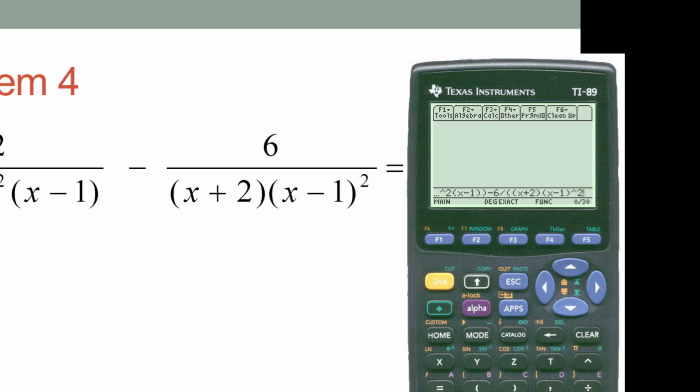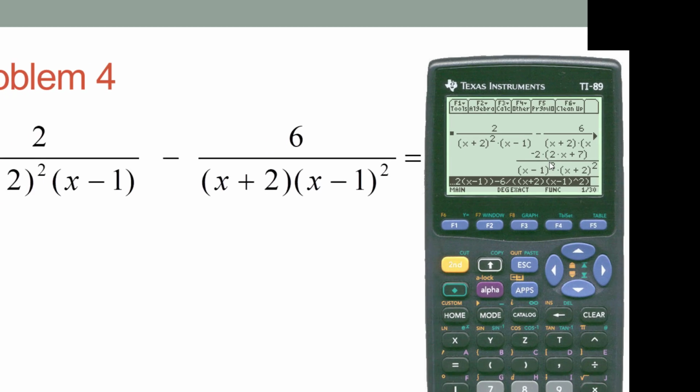Then close the main parentheses and hit enter. There we have it. The LCD, you see it: x minus 1 to the second, x plus 2 to the second, and on top I have minus 2, parentheses, 2x plus 7.